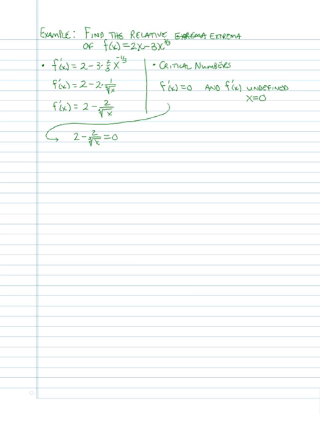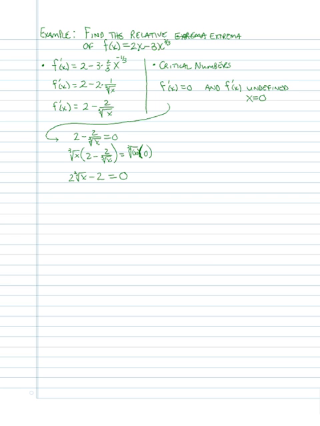What I would do is multiply both sides by the cube root of x. Let's get rid of that denominator. So I have the cube root of x times the left side is equal to the cube root of x times the right side, which is just 0. On the left side we'll have 2 times the cube root of x minus just 2 when we multiply with that fraction, and of course equals 0.